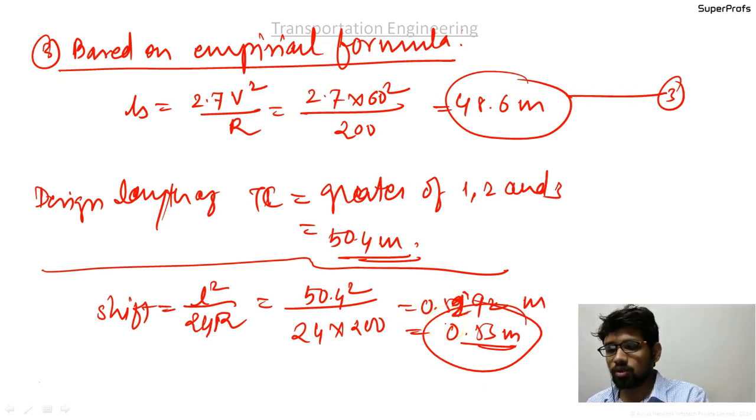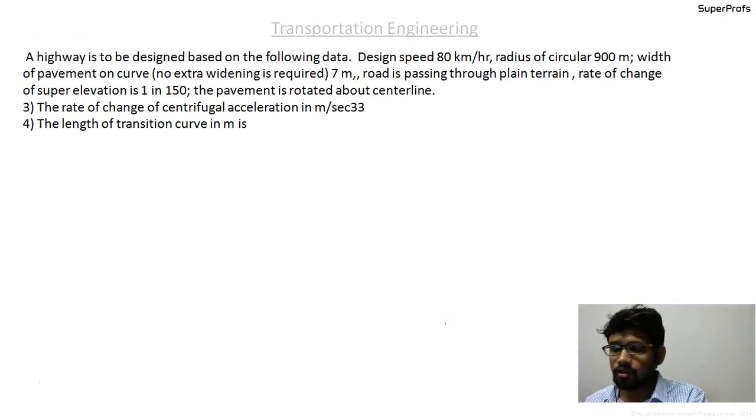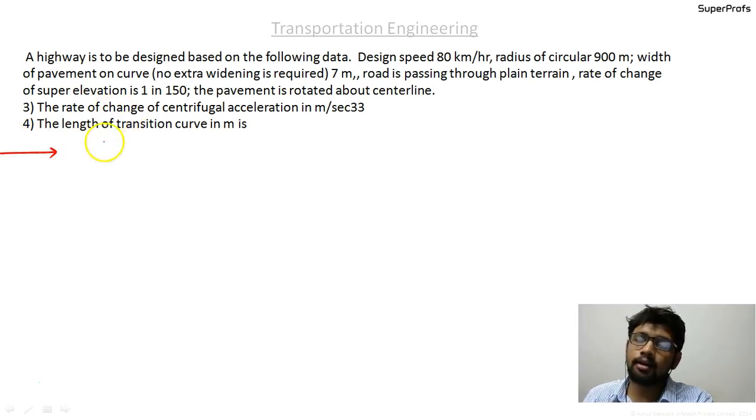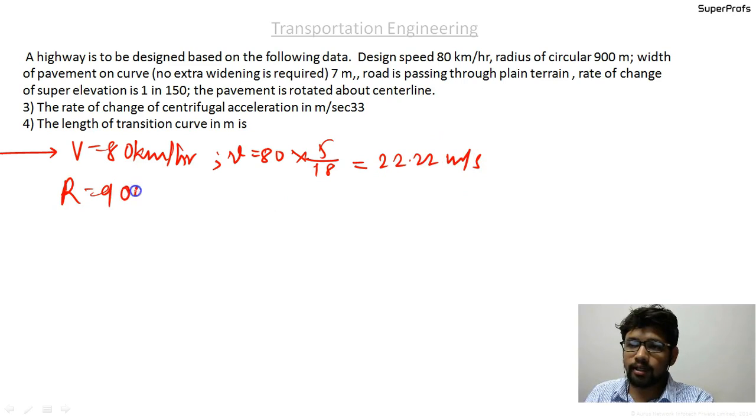Okay guys, so now let us move to the next question, question number 3. The question reads that a highway is to be designed based on the following data: the design speed capital V equal to 80 kilometers per hour, and therefore small v equal to 80 into 5 by 18, which stands for 22.22 meters per second, and radius of circular curve R equal to 900 meters.